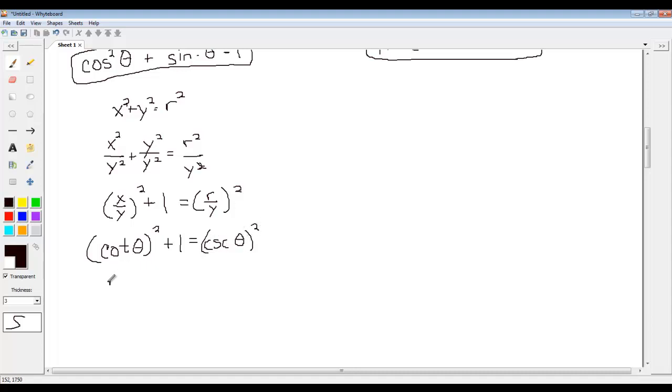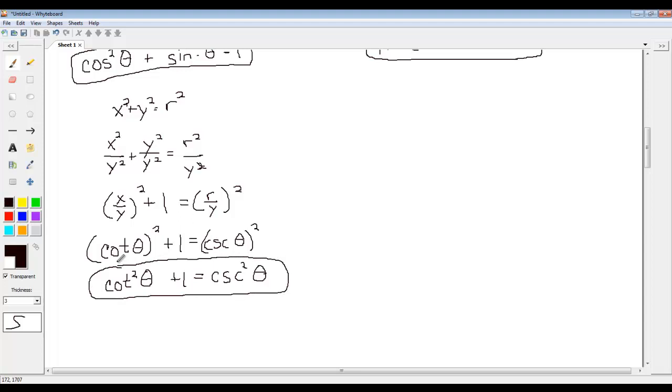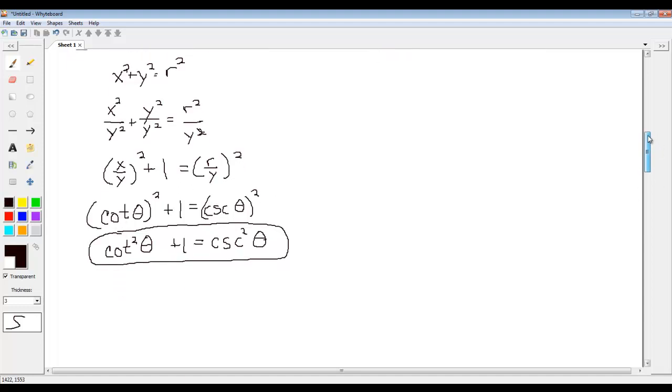So we can say cotangent squared theta plus 1 equals cosecant squared of theta. And there is the third of the Pythagorean identities. Pretty cool. That's your Pythagorean identities.